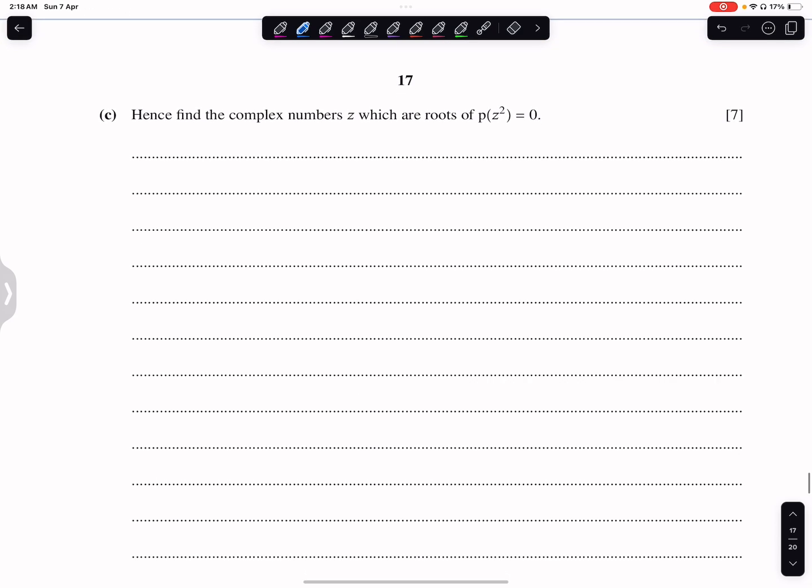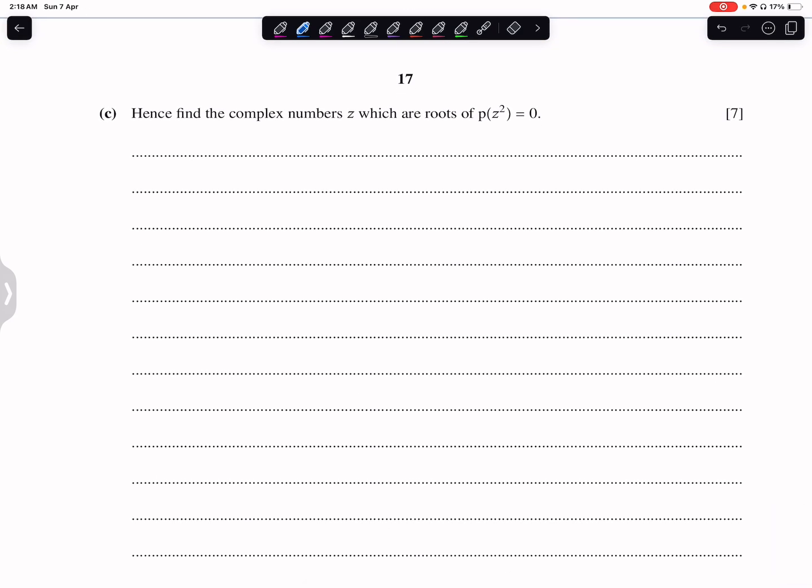Hence find the complex numbers z which are roots of p of z square is equal to 0. So student, let's find the roots of p of z first of all. So what are all the roots of p of z?